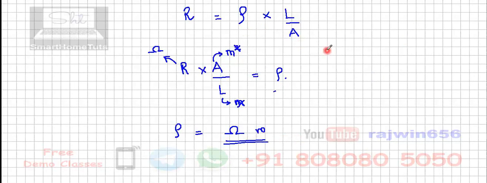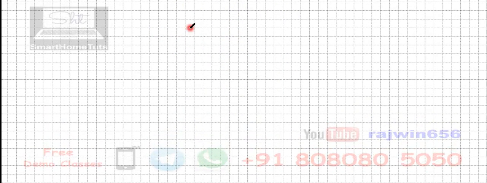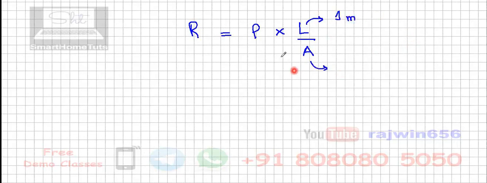I'm also going to take up the definition of specific resistance. Once again, R is equal to rho multiplied by L divided by A. Suppose the length of the wire is 1 meter and the area of cross section is 1 meter square. So it has unit length and unit area of cross section.